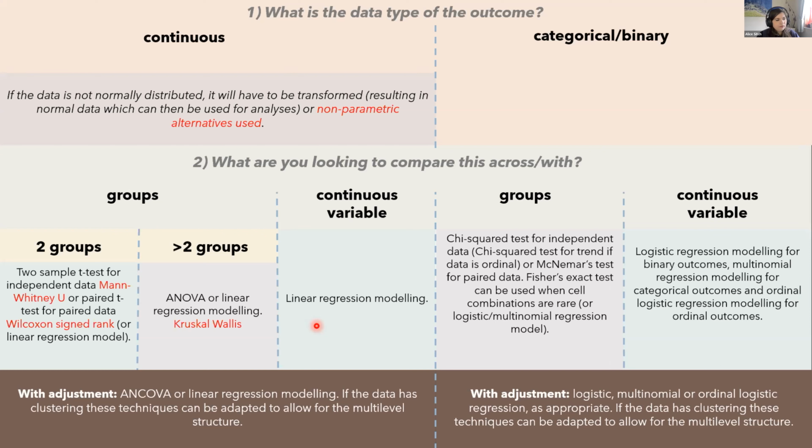But the main point really is that the data type of the outcome is really key for deciding the kind of analysis that you're going to do, and that's with the simple tests and with the more sophisticated analyses. And when you start thinking about modeling as well, it's really important to make sure you're happy with that.